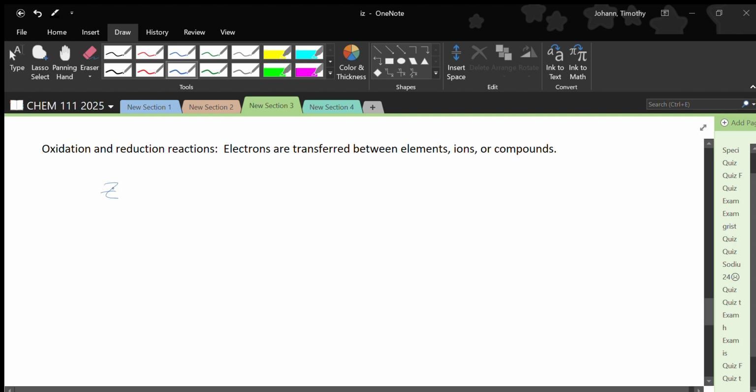So we can take zinc solid plus copper sulfate, and that's going to be aqueous, goes to make zinc sulfate, aqueous, plus copper solid. Okay, and this would be our molecular equation.